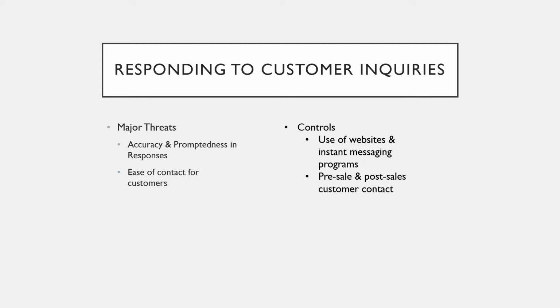Another control is that you would like to contact customers not only post-sale but also pre-sale, so that they might return, and it shows that the company really does care about the customer. Those are just a couple of controls to keep in mind, to make sure that customers are happy and that they are going to keep coming back.